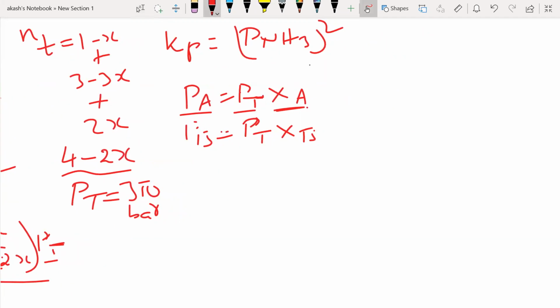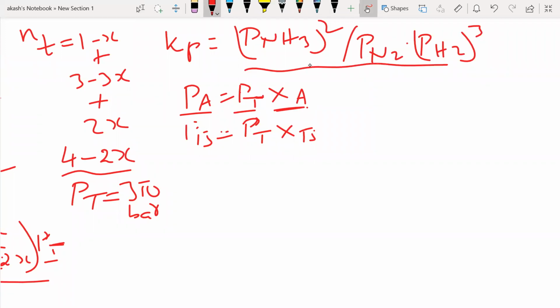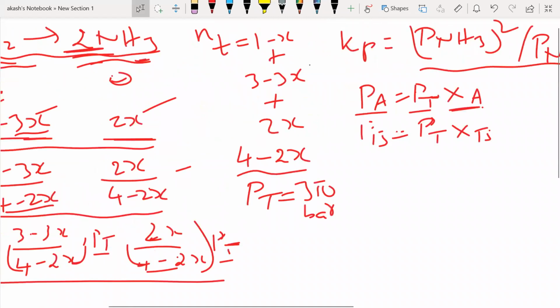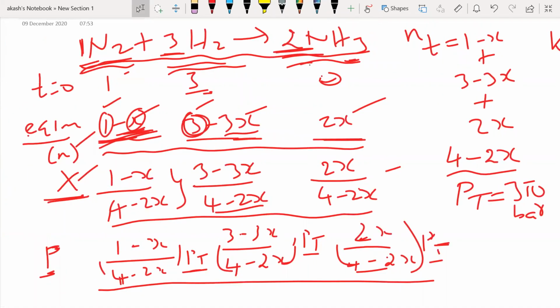So partial pressure of NH3 squared divided by partial pressure of N2 into partial pressure of H2 cube. That's it. This is my Kp equation. Now all these values I know. These are the values.